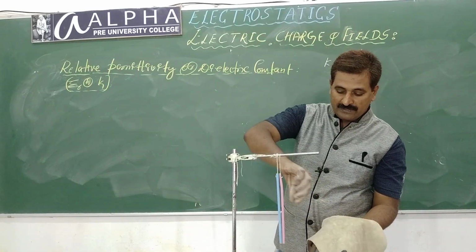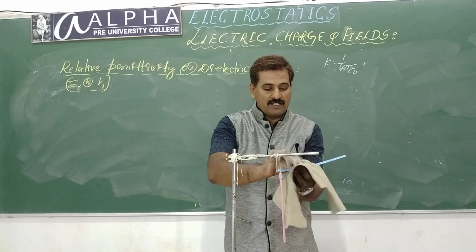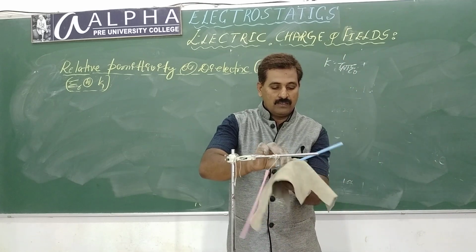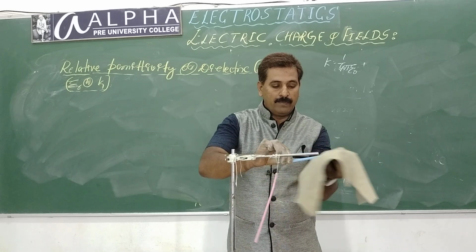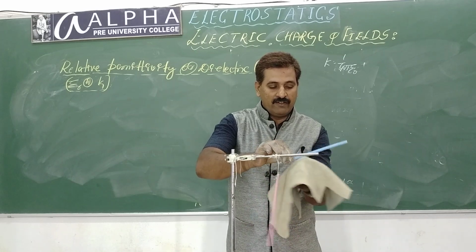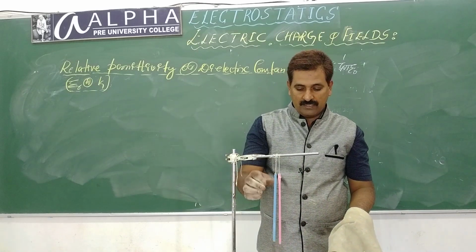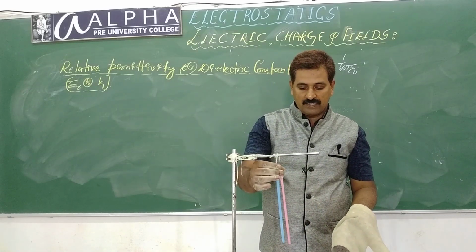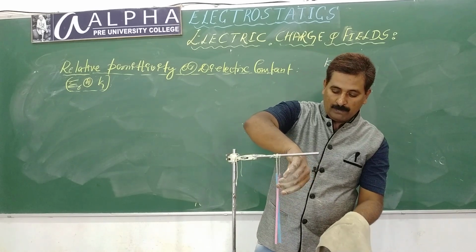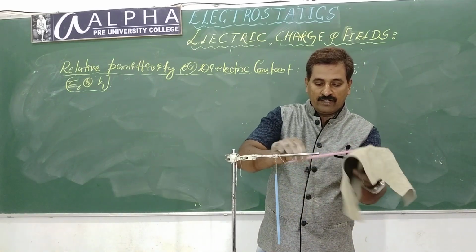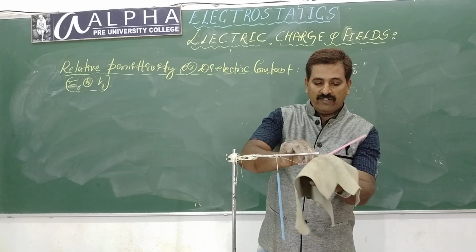If I rub this with wool, cat's fur, it gets charged. We have done this several times. So see, they stick to each other. Now I'll rub the second one. If I rub more, the effect can be seen.